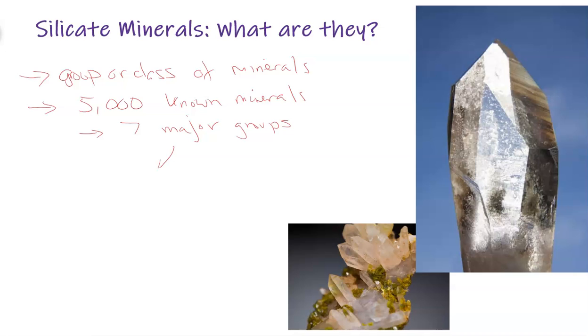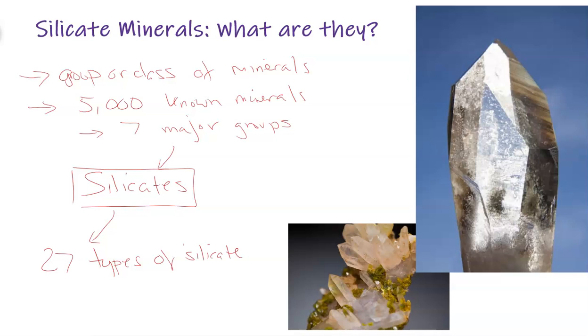The one group we're looking at in particular is silicates. Within silicates as a group, there are 27 different types of silicate groups and over 1,100 different silicate minerals spread over these 27 groups.